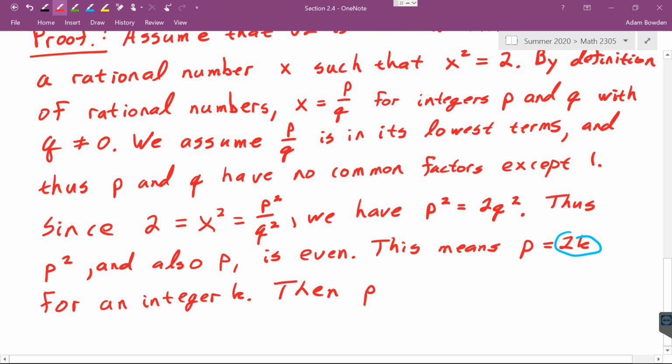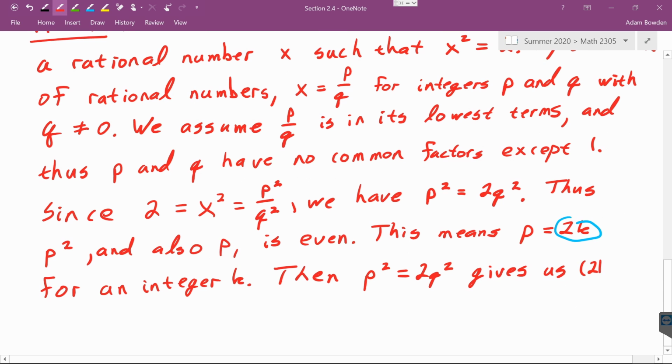And so what this p squared equals 2q squared will turn into (2k) squared equals 2q squared. Thus, if we simplify this down, it will turn into q squared is equal to 2k squared. And that tells us, like it did for p, that q is even.